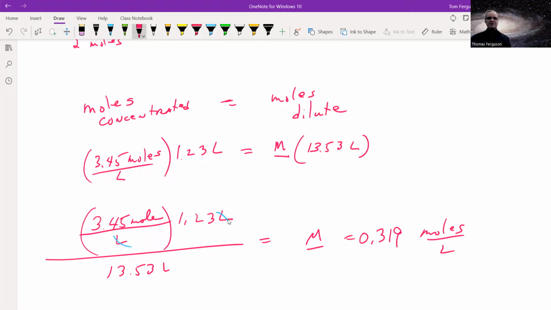So the molarity of that solution after we diluted it is 0.319 moles per liter.